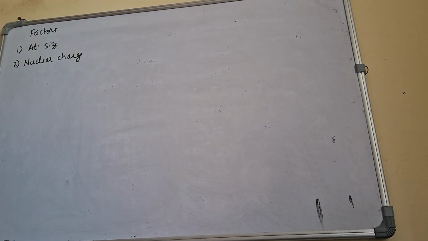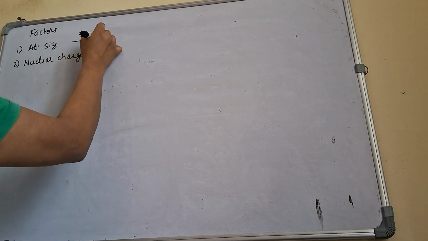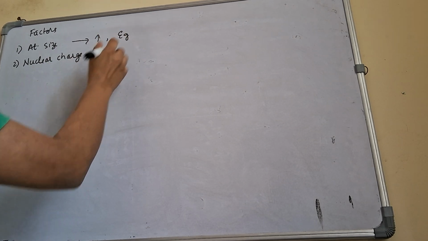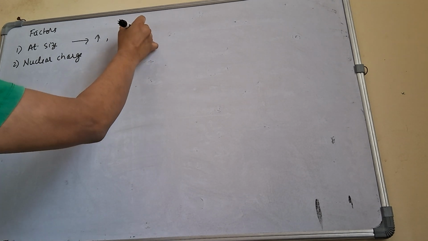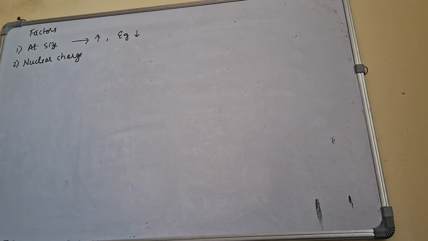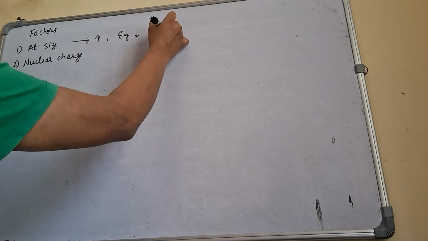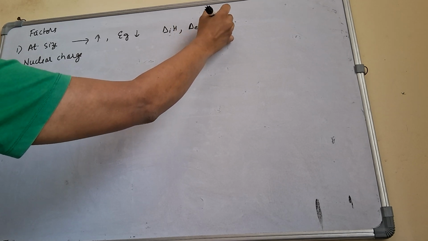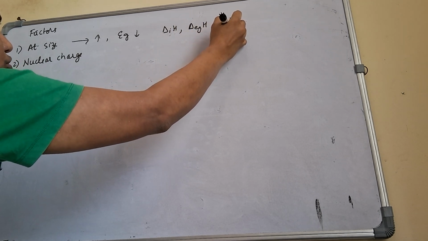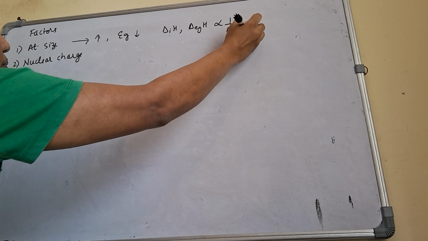Correct? Now atomic size: if the atomic size increases, then electron gain enthalpy reduces, because if the size is bigger, it's difficult for you to hold. So they are inversely proportional. In fact, both ionization energy and electron gain energy are inversely proportional to the atomic size.